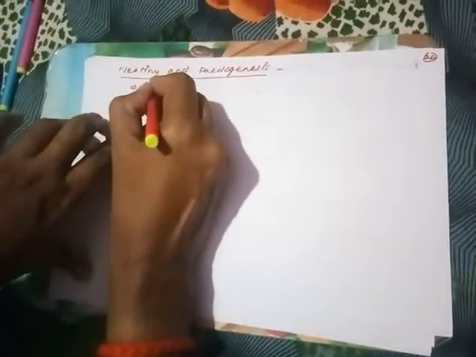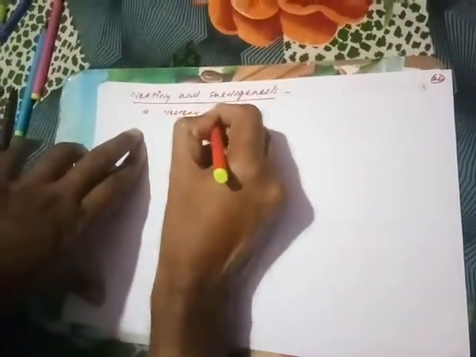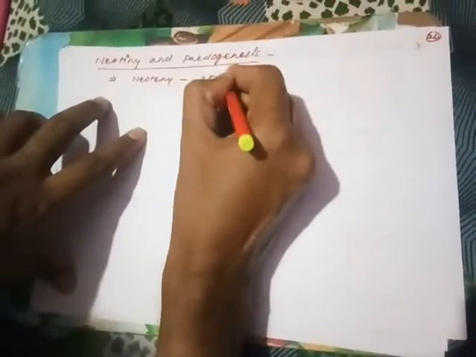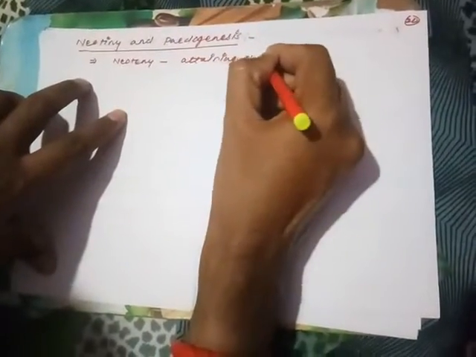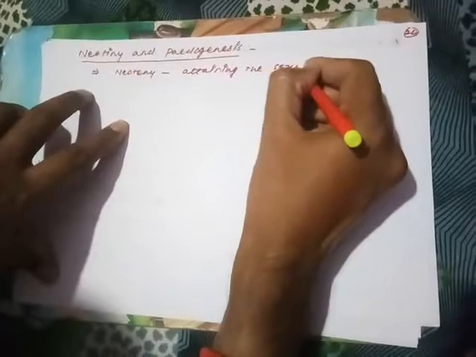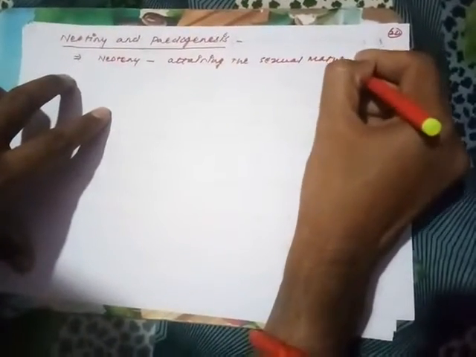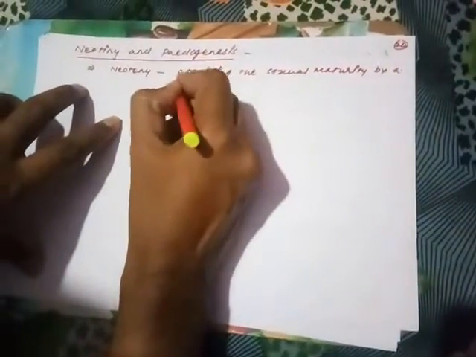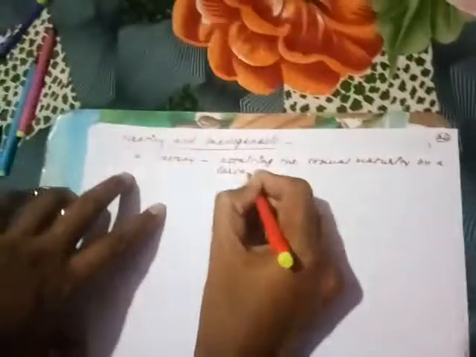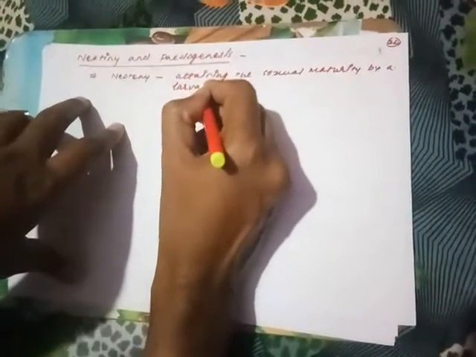Neoteny is attaining the sexual maturity by a larva. Attaining the sexual maturity by a larva is neoteny.